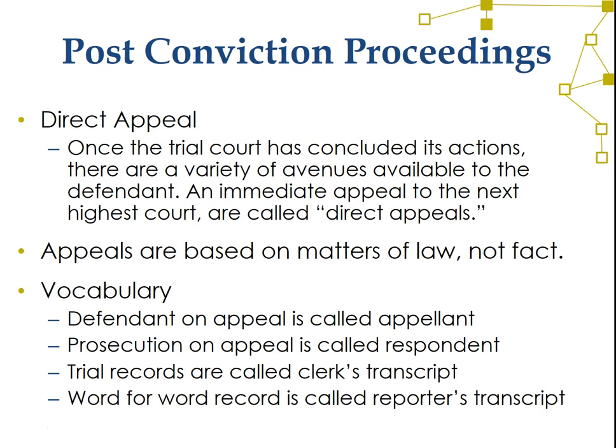So for vocabulary purposes, the defendant on the appeal is called the appellant, and the prosecution on appeal is called the respondent. And trial records are called clerk's transcript. And word for word record is called the reporter's transcript.